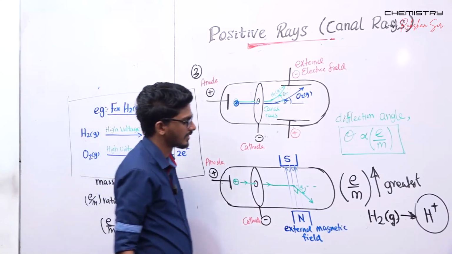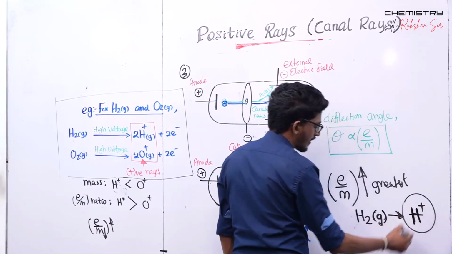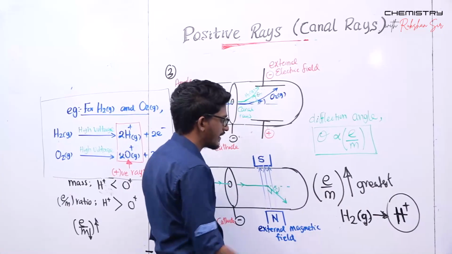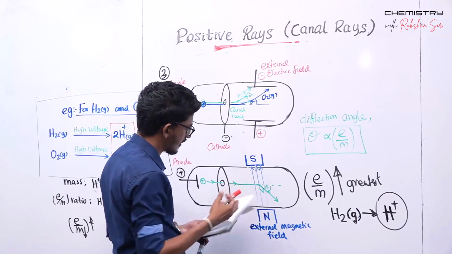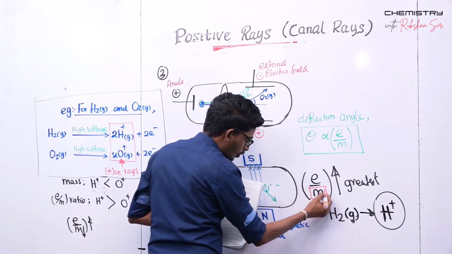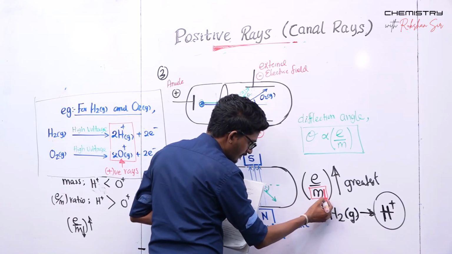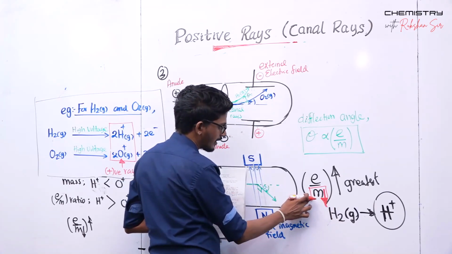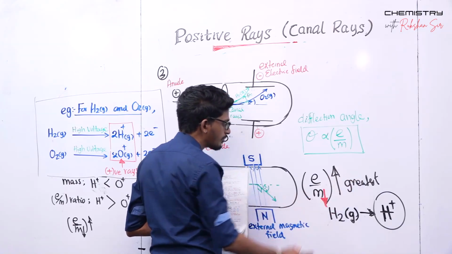That is referred to as the lightest positive ray particle. Why? The greatest e/m ratio means you are dealing with the smallest m value. The smallest m value gives you the greatest e/m ratio.